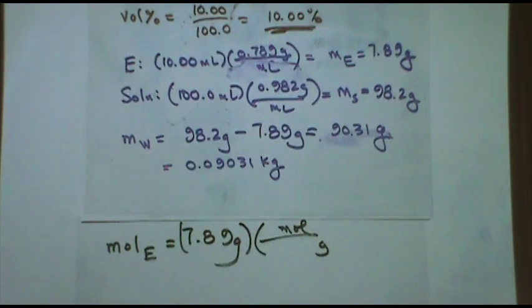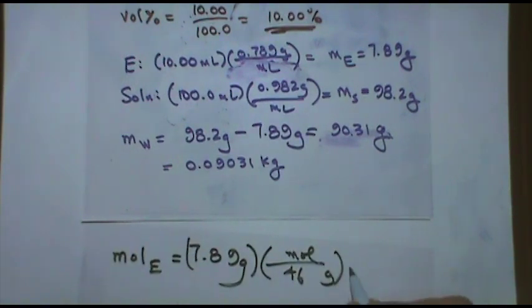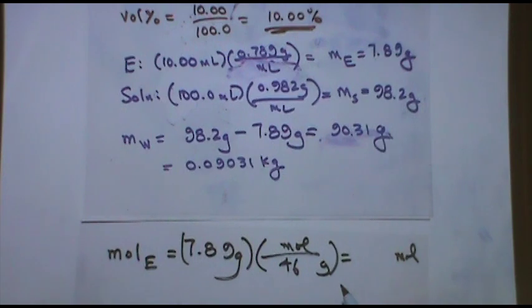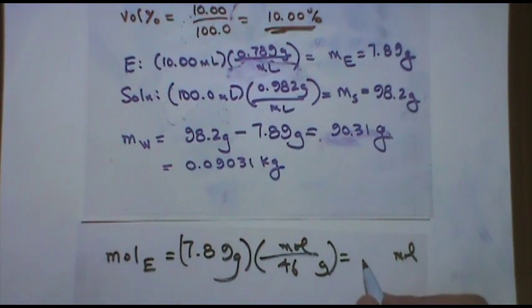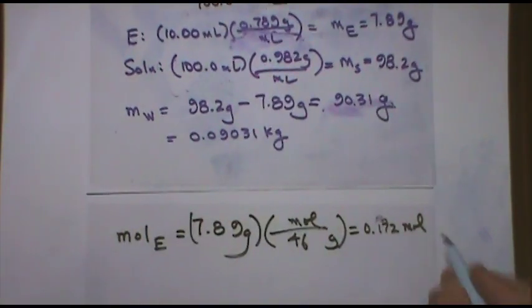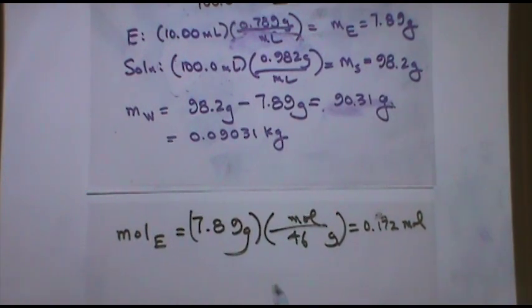It would be about 24 plus 6 plus 16. Is that 46? Okay, it's about 46. Okay, math savant in the front row. That number is? 46.0? That sounds off. That was not my original person. 0.172. Okay? Alright, that's the moles of the ethanol.